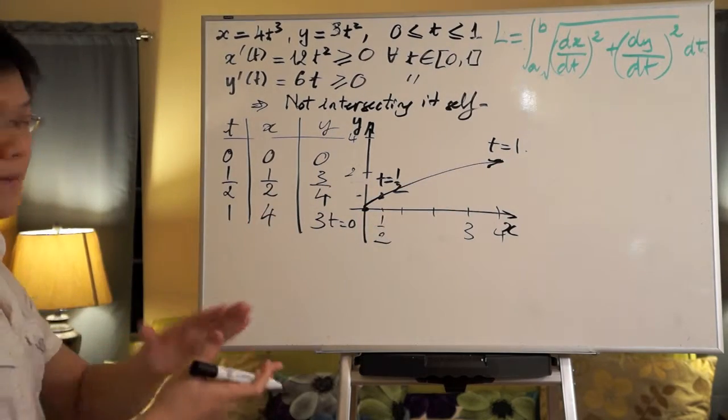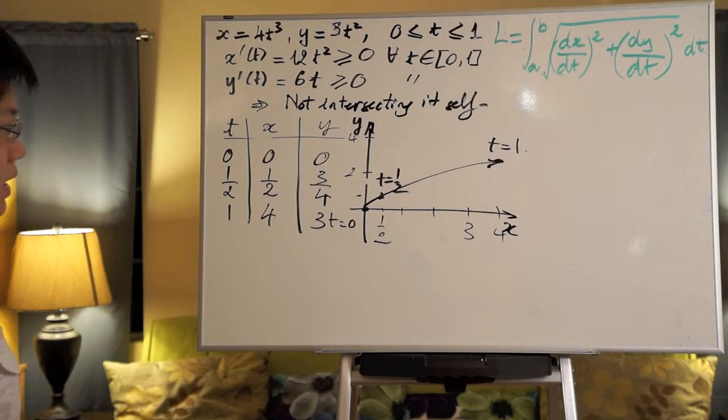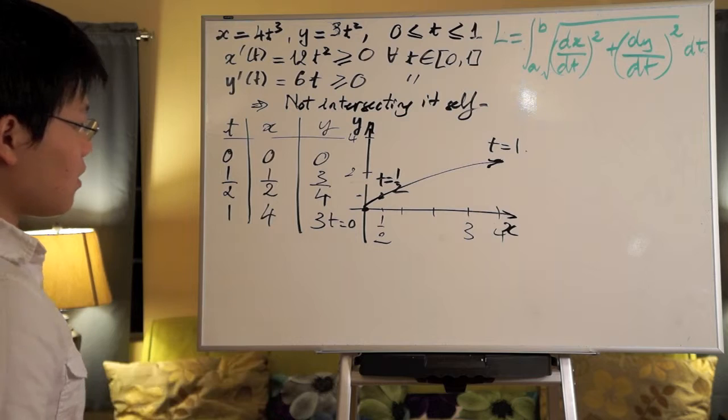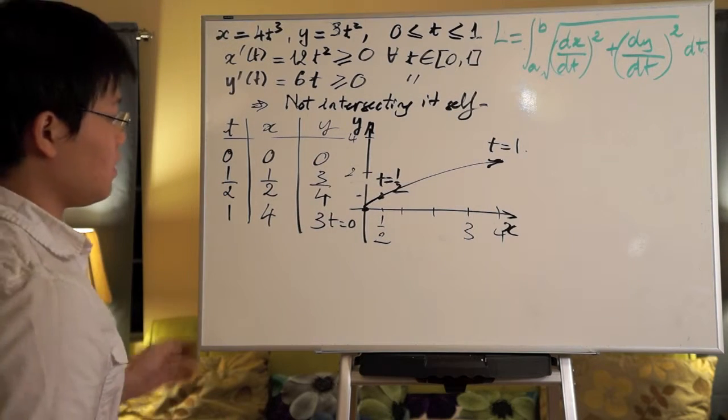You can think of time. Time is the best tool to use so that you have a better intuitive sense of how the graph is progressing. Okay, so now we just go ahead and apply that to the equation that we have.